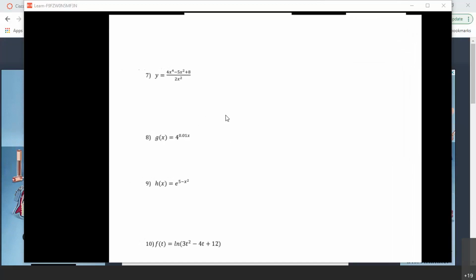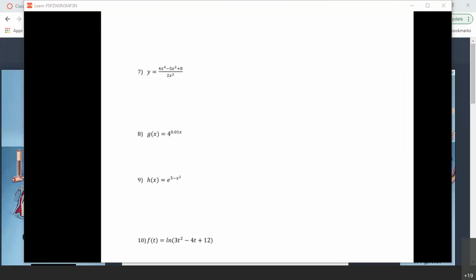There's at least 3 ways to do this problem. A, use the quotient rule. B, rewrite it as a product.